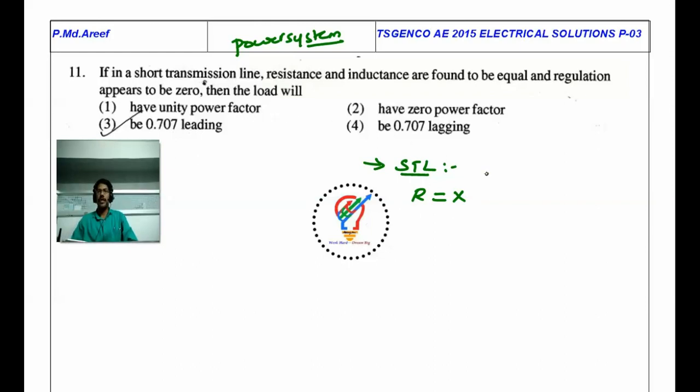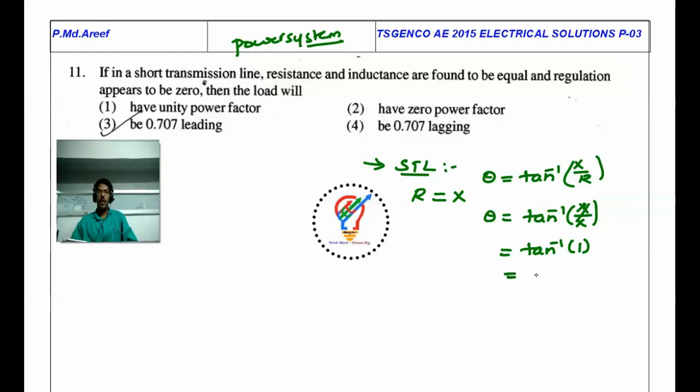We know that theta is equal to tan inverse of X divided by R. Taking X by X, both cancel, so theta is tan inverse of 1, which is nothing but 45 degrees.